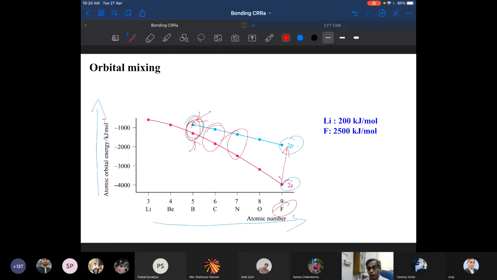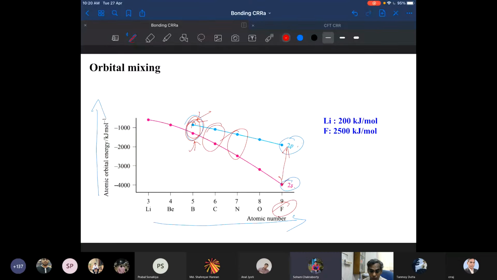Now, the concept comes here: if the energies are very close to each other. Yesterday I mentioned symmetry and energy. Here, the energy between the 2s and 2p orbitals of boron is close to each other. If that is the case, why can't these atomic orbitals mix together?